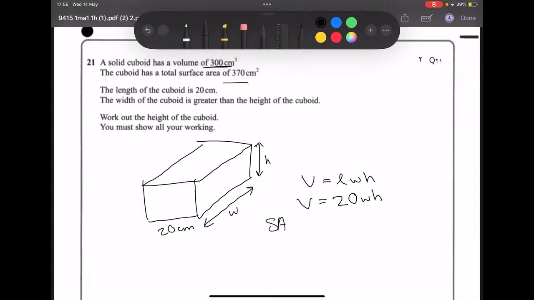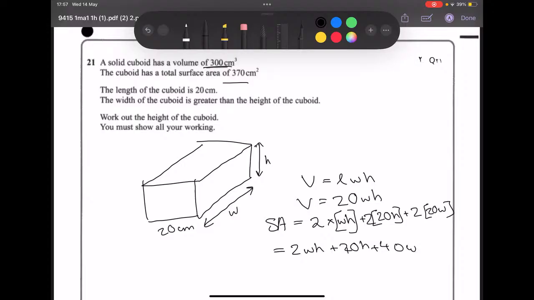Now the surface area would be 2 times by WH plus 20H times by 2 plus 2 times by, what would be here, 20 times by W. Now this would be 2WH plus 40H plus 40W.